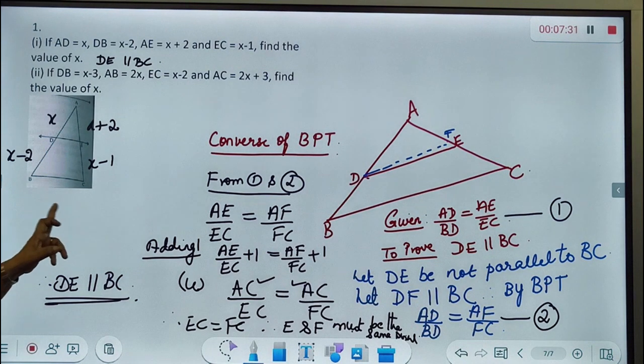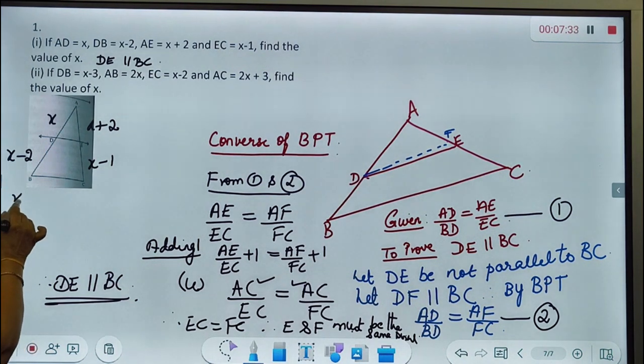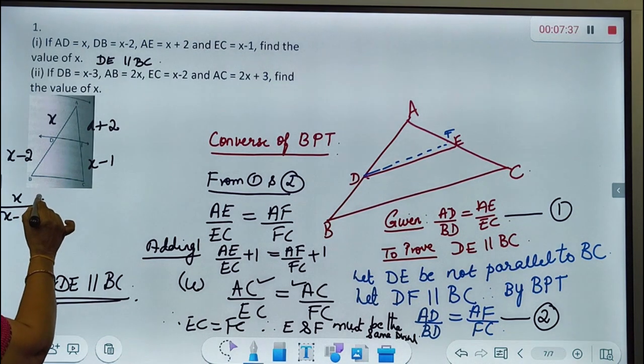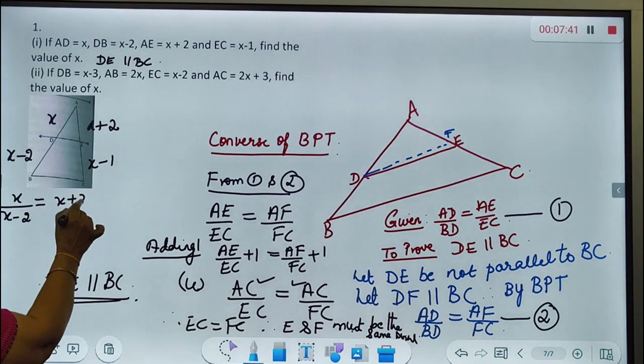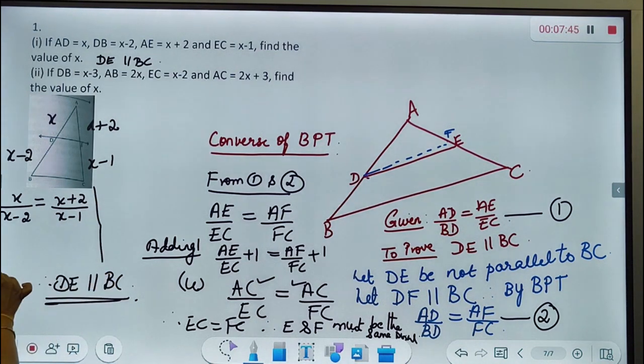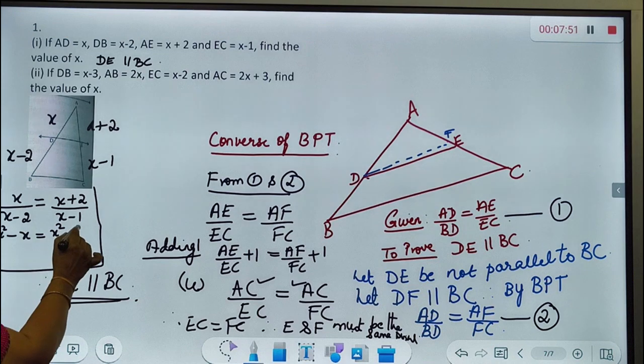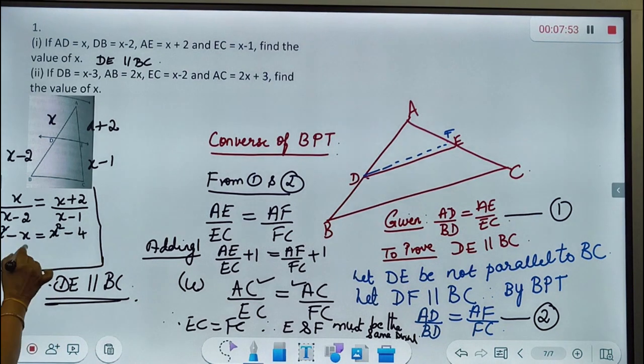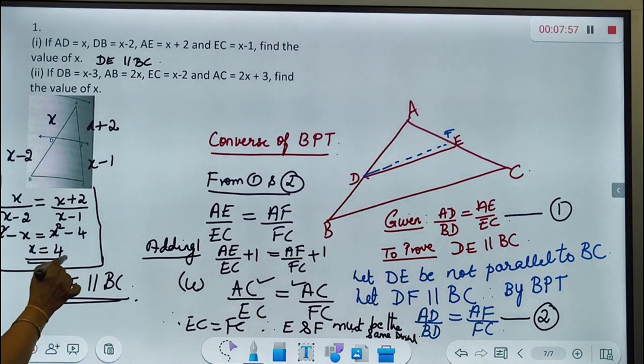If DE is parallel to BC, then when will it happen? x by x minus 2. This is an application of the basic proportionality theorem. x plus 2 by x minus 1. This implies x square minus x equal to x square minus 4. Minus x is minus 4, therefore x is equal to 4.